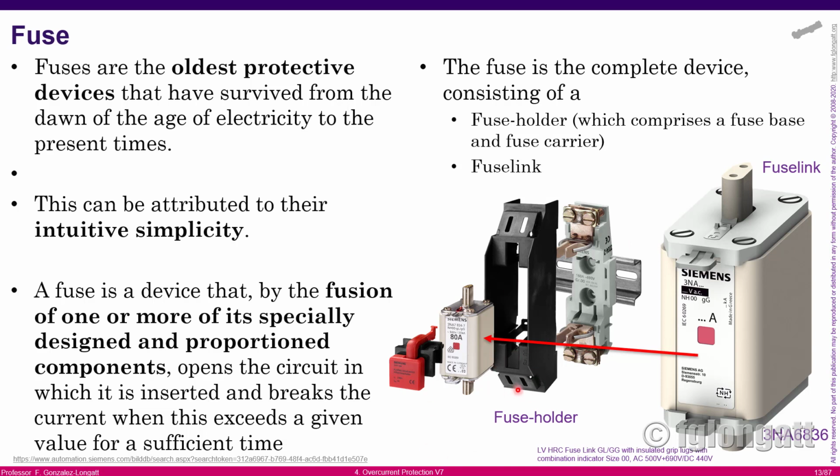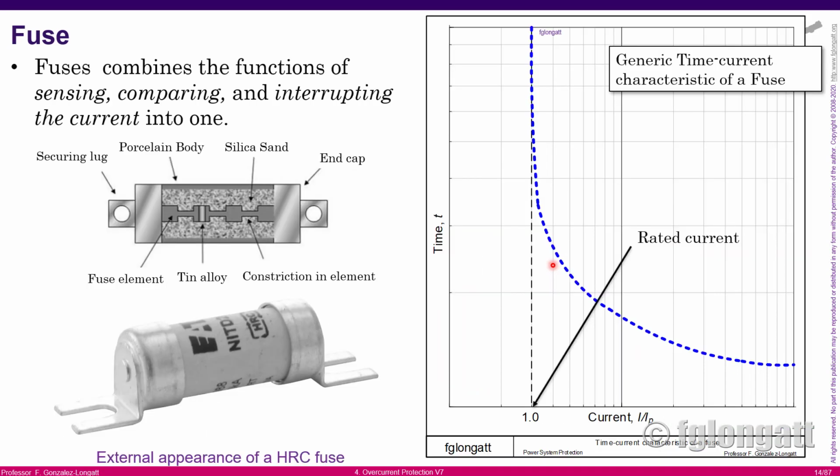For even bigger ones, the complication of the fuse holder starts to be a problem. For distribution level, the way those fuse holders are designed is basically considering the voltage level.